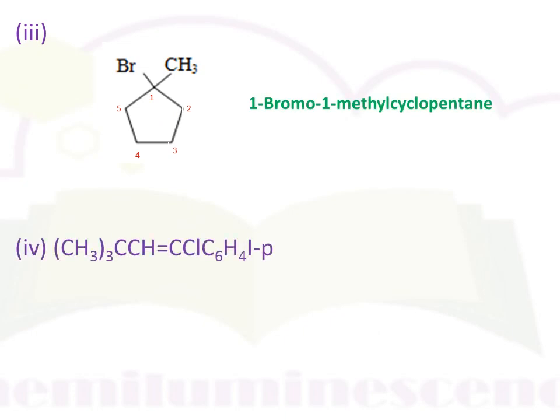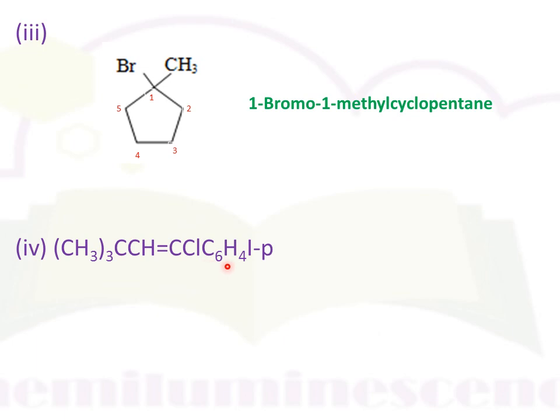Now the next example is this one. For writing the open chain structure, first see which groups are present in this compound and to which they are bonded. Here in this compound, a double bond is present, chlorine is present, and a benzene ring is present. How to recognize the presence of a benzene ring?